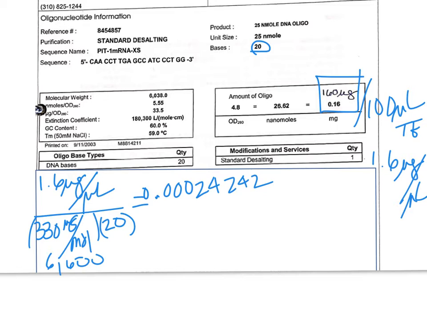Okay, when we do this division, we're going to flip this guy, so then micrograms cancel, and we end up with moles per microliter, and we want micromoles per microliter, right?